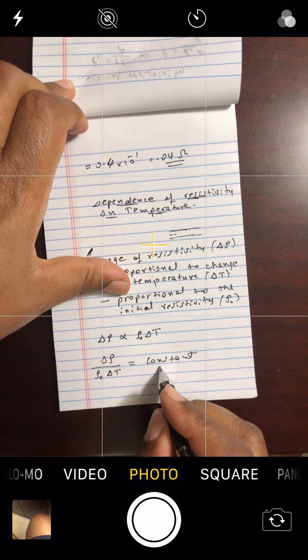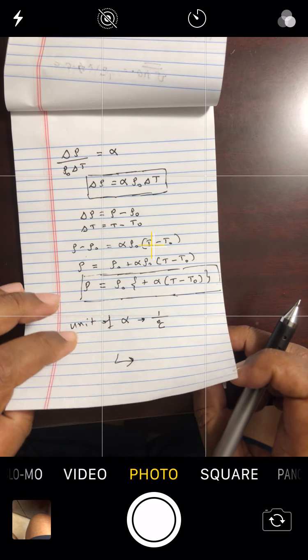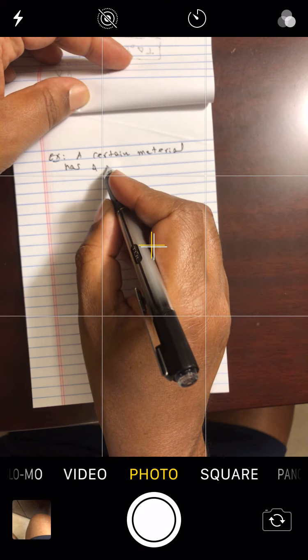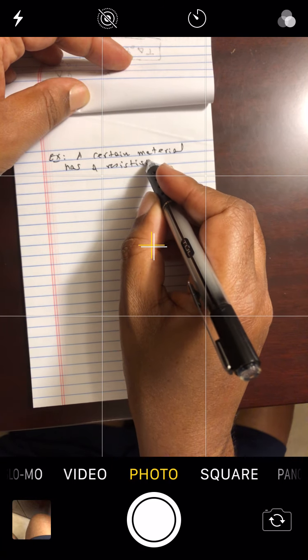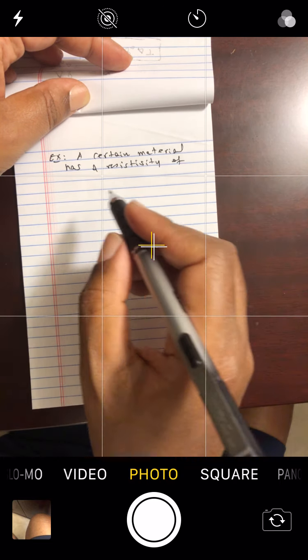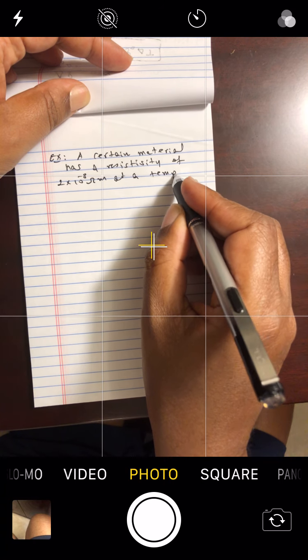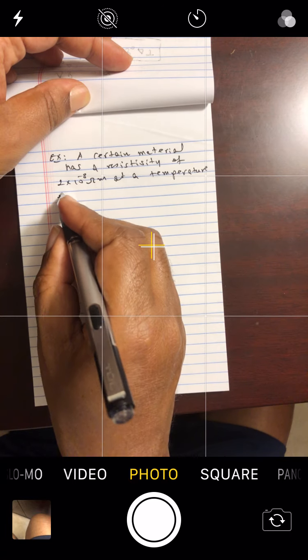Maybe let's go to the other page. Example: let's say a certain material has a resistivity of 2 times 10 to the power of negative 8 ohm meter at a temperature of 20 degrees centigrade.